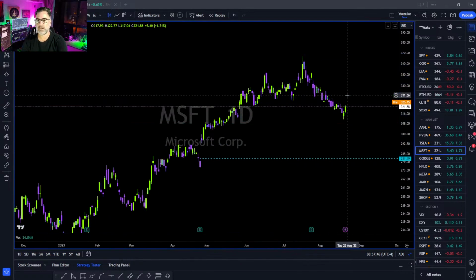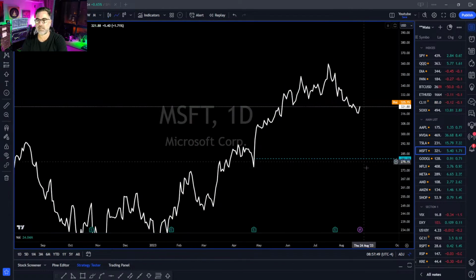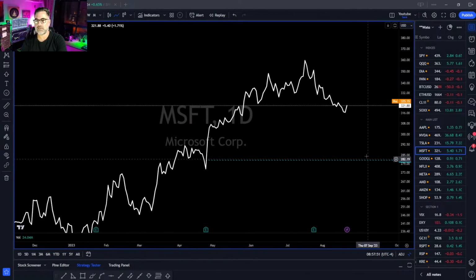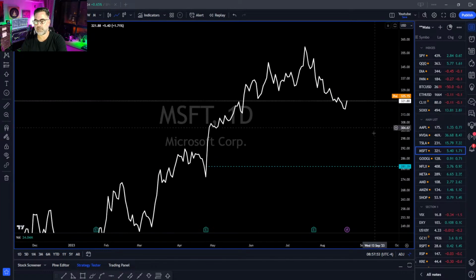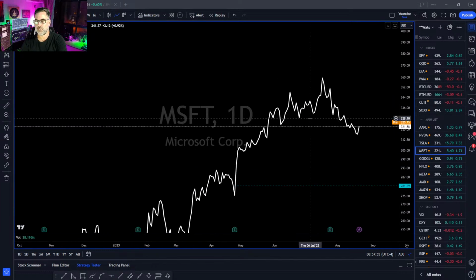Just look left. No need for Fibonacci, no need for candles. Train your eyes to look left and see where price might be heading next. Support and resistance, all this area, the 328 resistance.